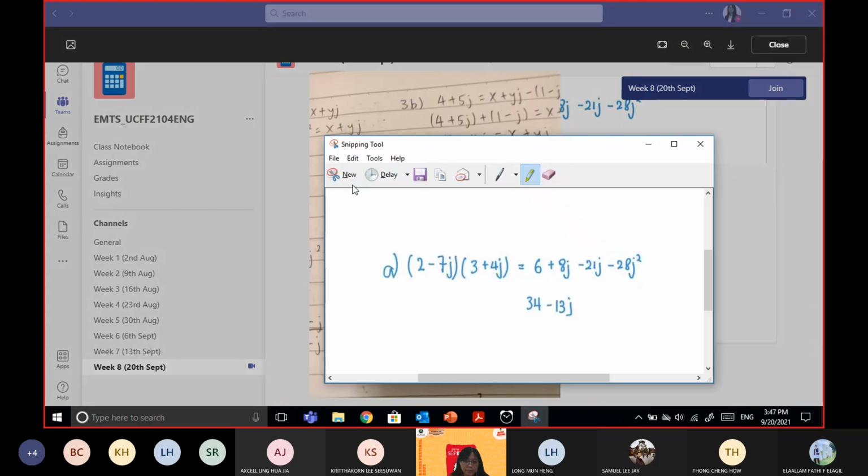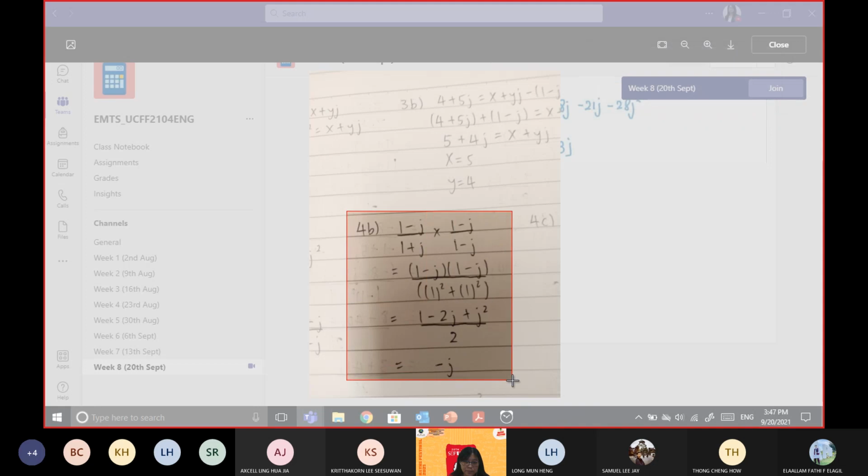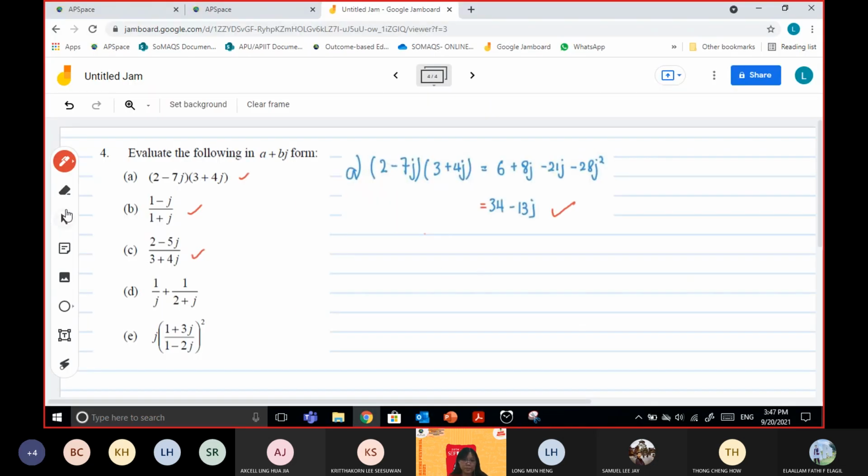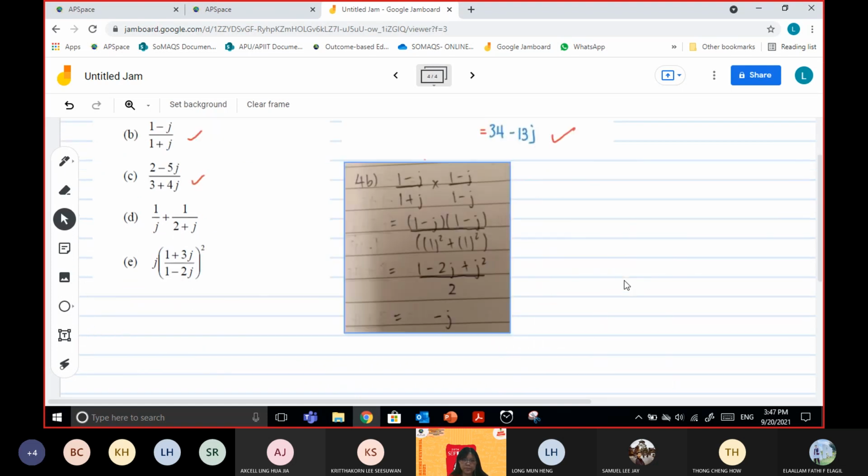For B, for Cheng Hao, 1 minus J, 1 plus J, so referring to the inverse of the bottom.